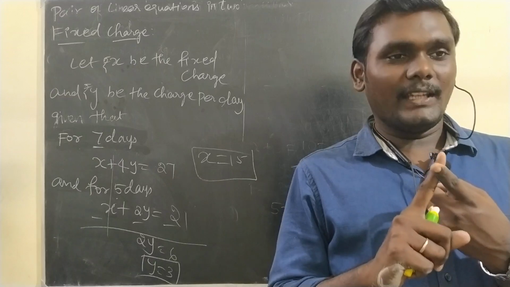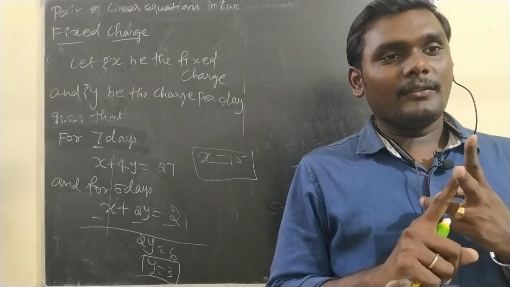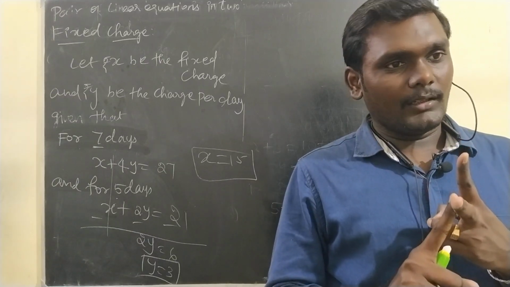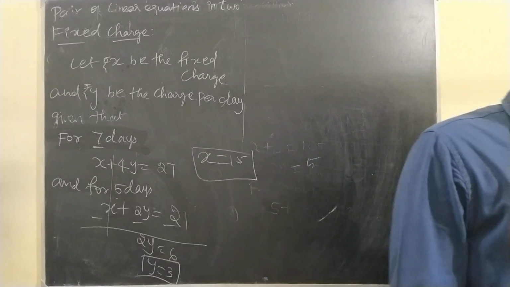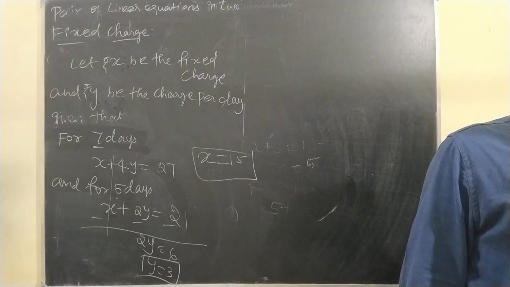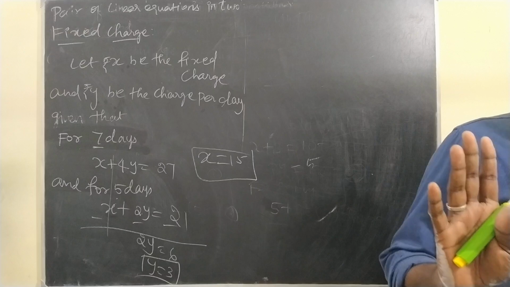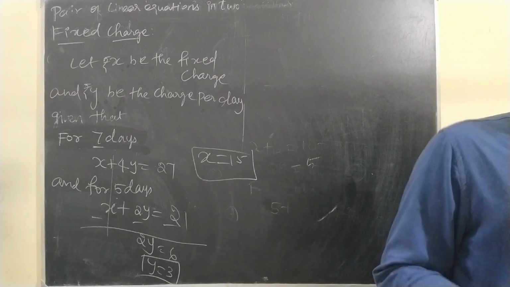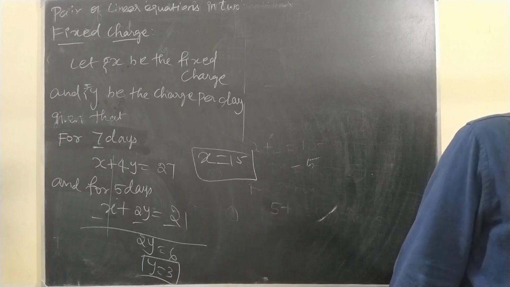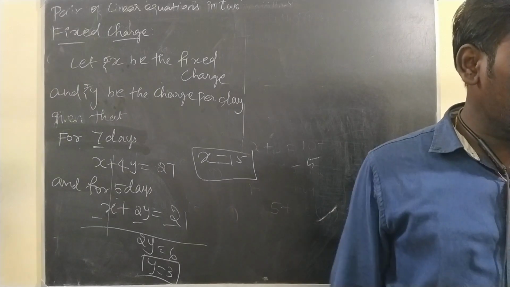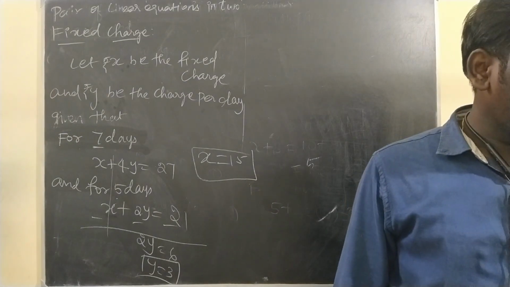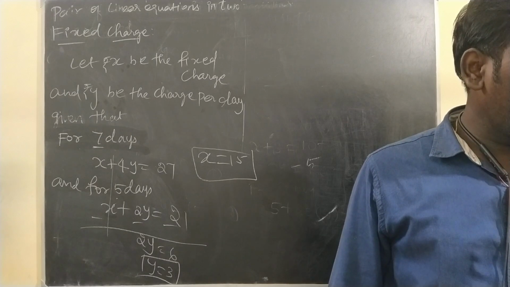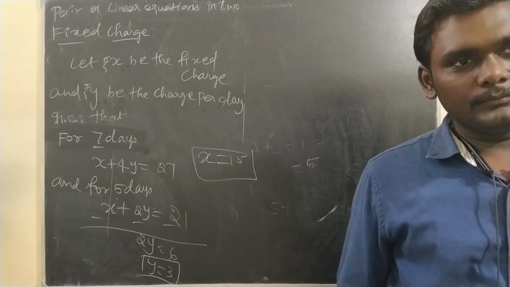One is on the number of things, the other is the value of those things. Now observe what Meena said. Meena went to a bank to withdraw 2000 rupees. She asked the cashier to give her 50 rupee and 100 rupee notes. Meena got 25 notes in all. Find how many notes of 50 rupees and 100 rupees she received.